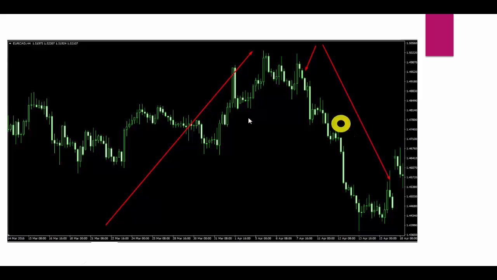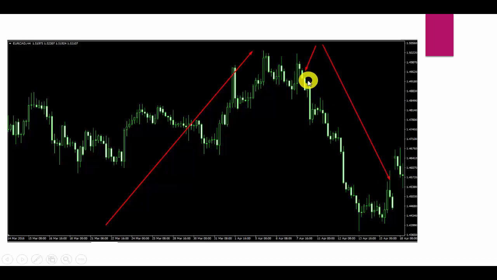We have the EURUSD H4 chart. You can see the market was first in an uptrend. Then we got a bearish candle, first one, then another candle was bearish, and the third candle was also bearish. Right after the closing of the third candle, the market took some retracement, and after that you can see the market came down.